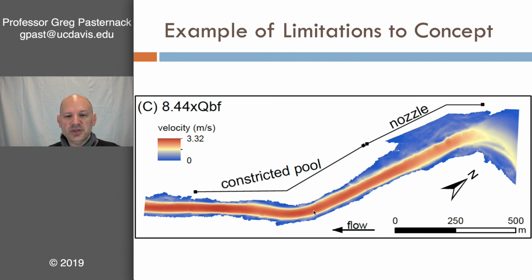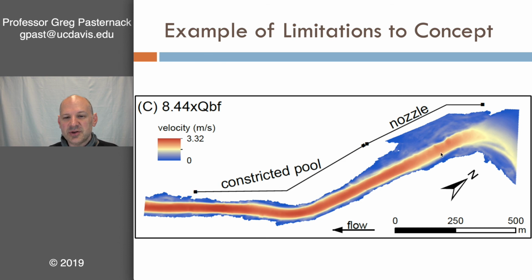Here's a place where it's not working so well. The constricted pool is as expected, but in this case we have a section that ultimately got classified as nozzle, even though it's wider than the constricted pool. A nozzle should be narrow and shallow. What's happening in this case is that the shallowness is winning. It's wide enough that you're getting all these shallow numbers.